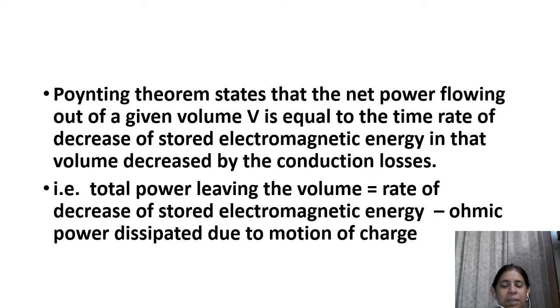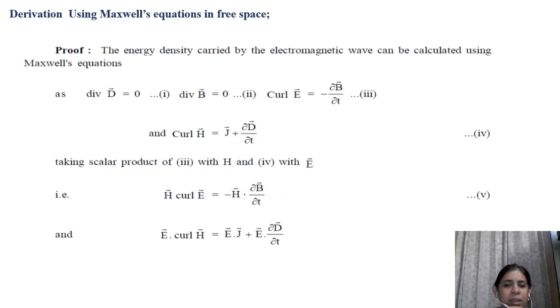If there are charges in this room, some work will be done on the charges, so its energy will be decreased, and when finally it goes out of the room, per unit area, that tells you about the Poynting vector. So let's first derive the equation, then we'll have a better understanding.